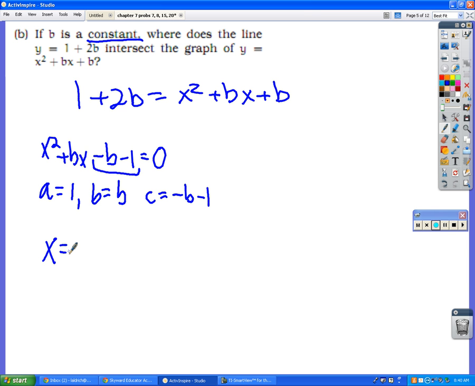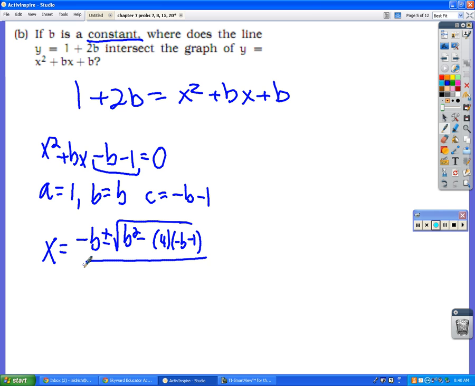So opposite of b is negative b plus or minus the square root of b squared, minus 4 times a, which would be 4 times c. So 4 times negative b minus 1. All a is 1.